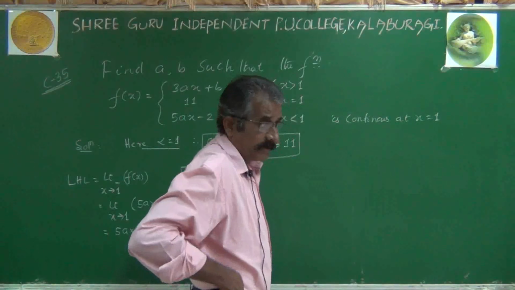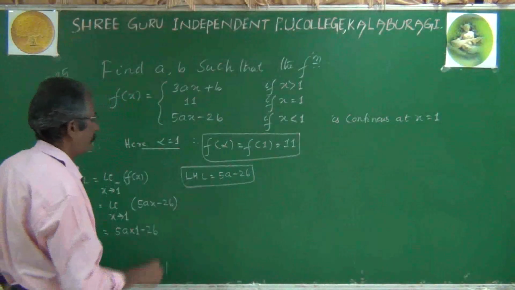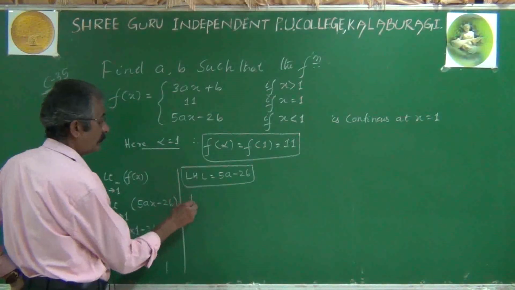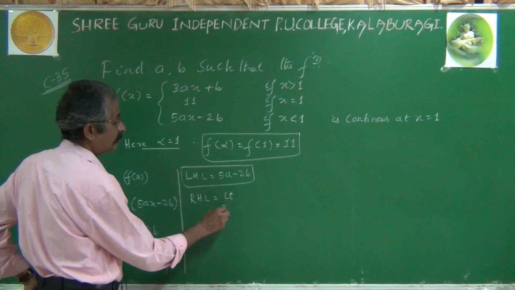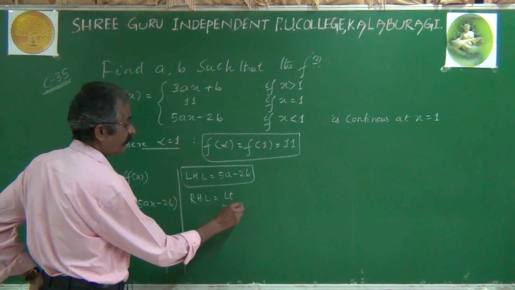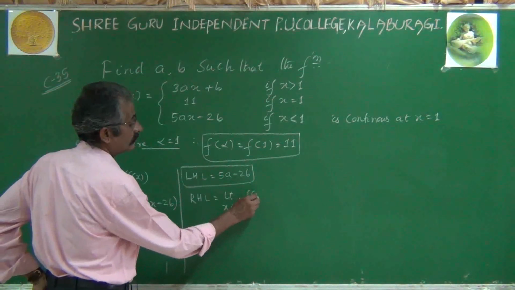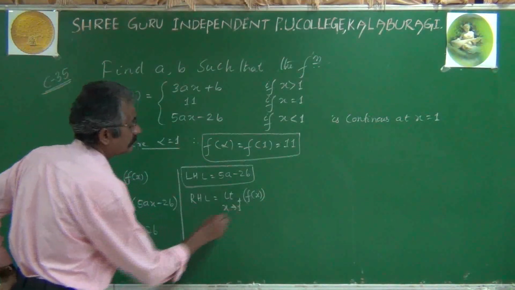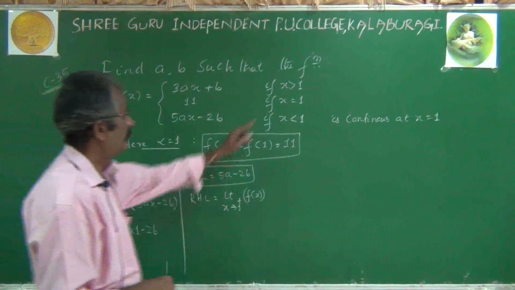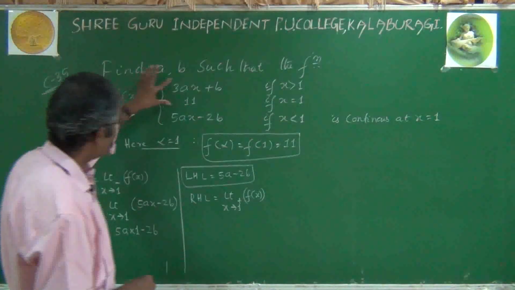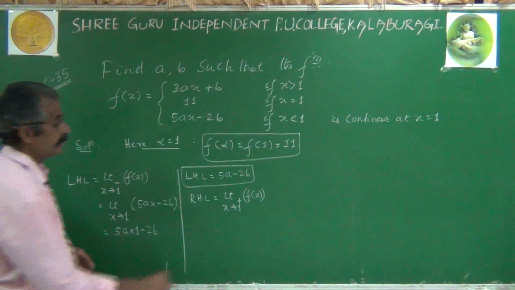Now we shall find the right hand limit. Right hand limit, RHL, equals limit as x extends to 1 plus of f of x. 1 plus means more than 1. When x is more than 1, the function value is 3ax plus b.